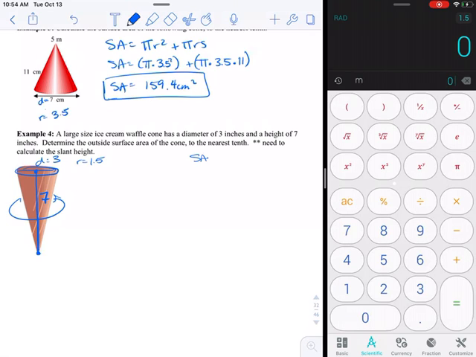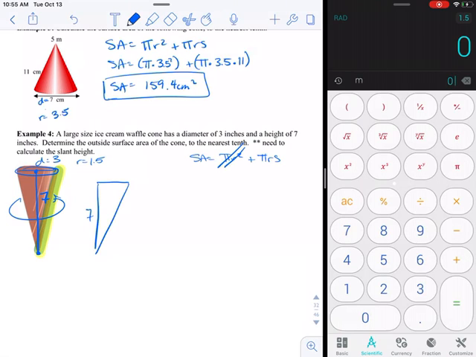So the formula is pi r squared, which gives us the circle part, plus pi rs, which gives us the slant height. We don't need the circle part, so you can cross that out. What we do need to figure out is the slant height. So let's draw a little triangle.